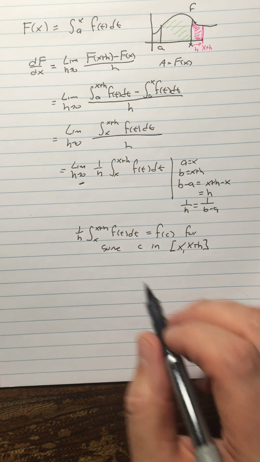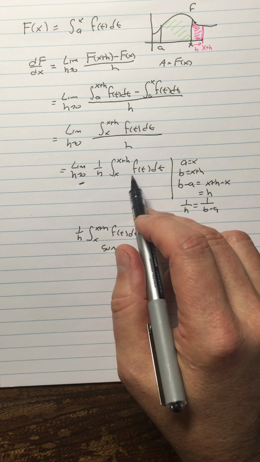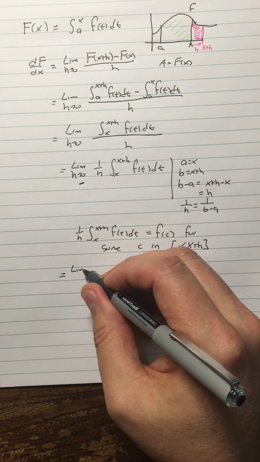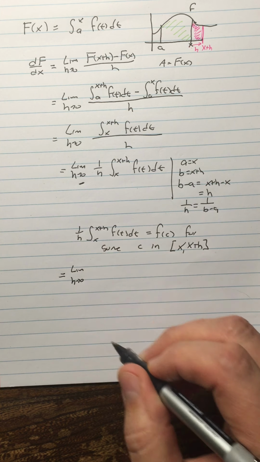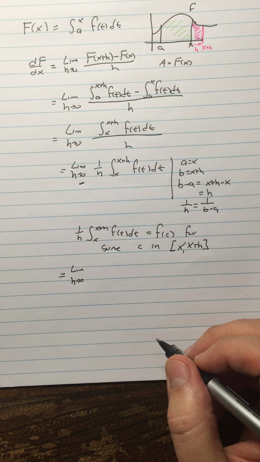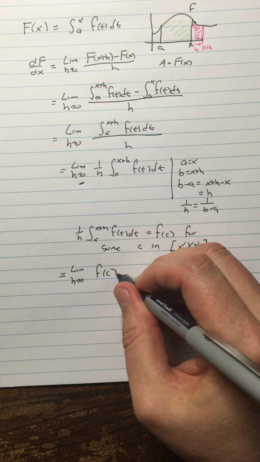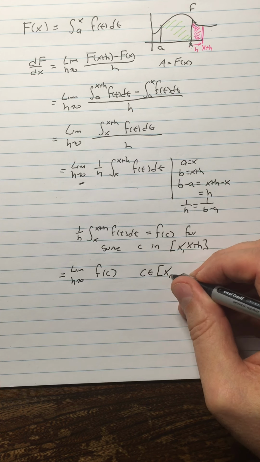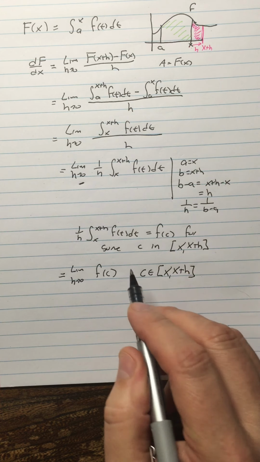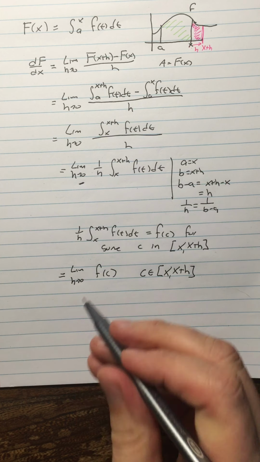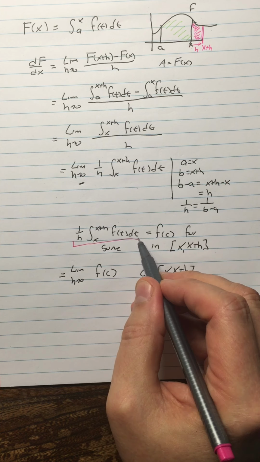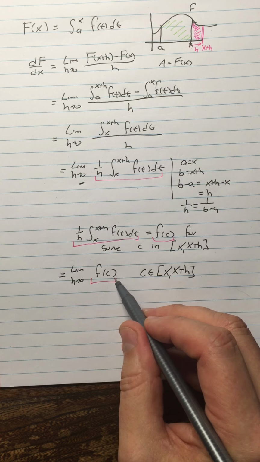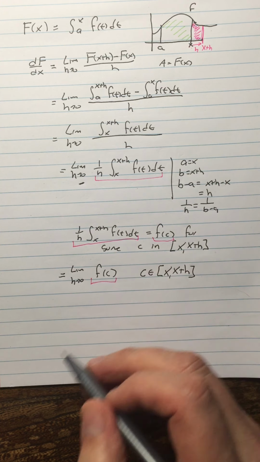If I want to look at the limit as h approaches 0 of this integral, that's then equal to the limit as h approaches 0 of f of c for some c that is in the interval from x to x plus h, right? This part of this integral is equal to f of c, so I can just sub that in for that integral.